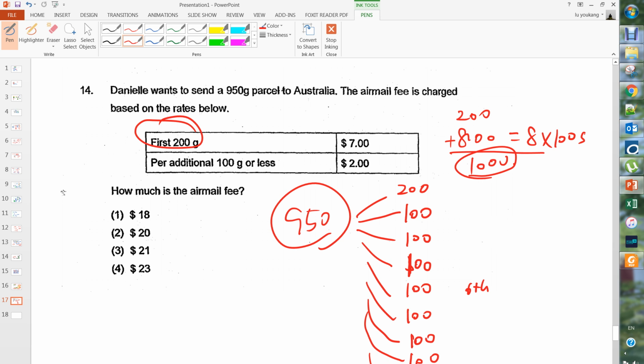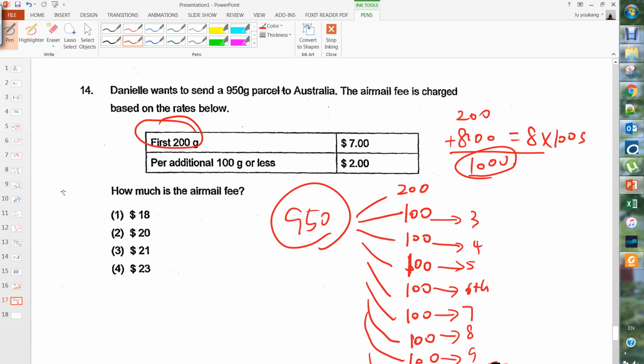So you have 200, 300. So after you list it down already, what do you do? You go back and count one more time. Okay? So this is 300, 4, 5, 6, 7, 8, 9. Okay, good. 950.